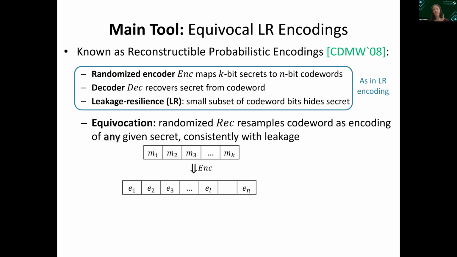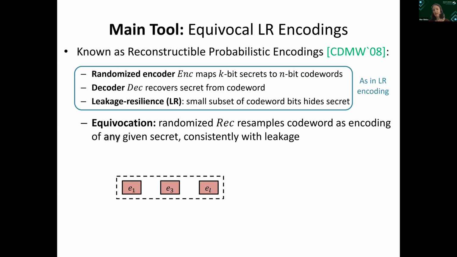So here's the scenario. Starting out with some secret, it's encoded randomly into a code word. And then this code word is leaked on. And then at some later point, after we've already obtained the leakage, we're given this arbitrary secret M prime. It might be a different secret. And now we need to somehow explain this leakage as an encoding of M prime.